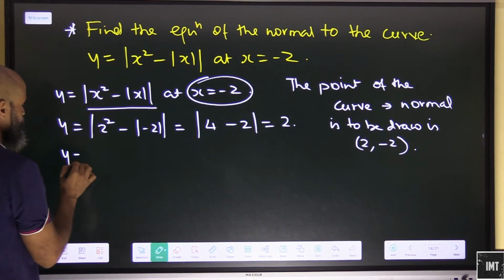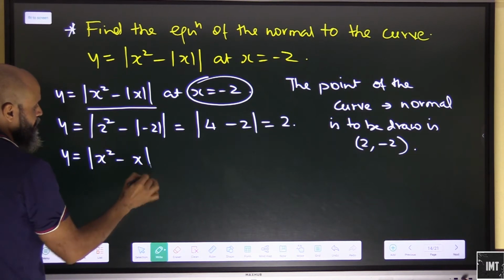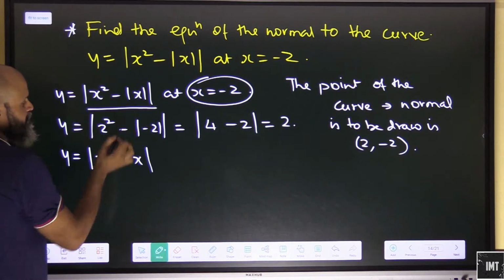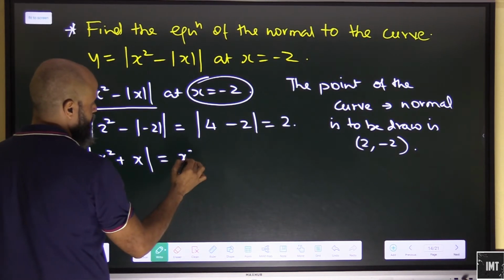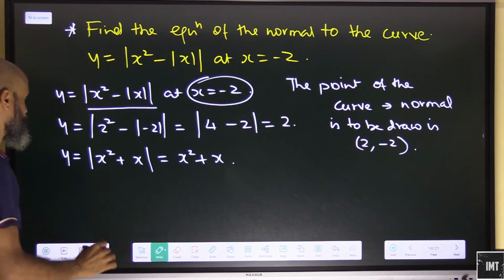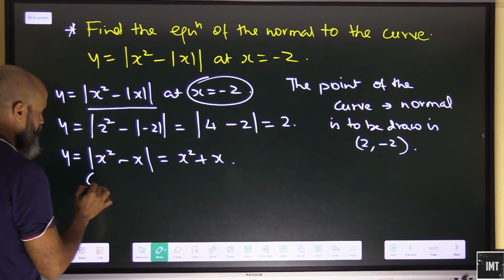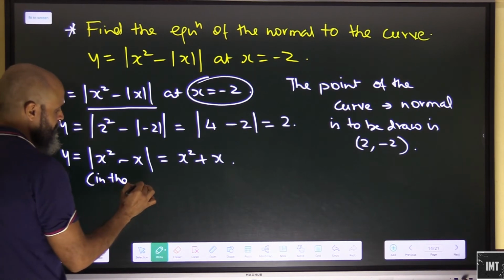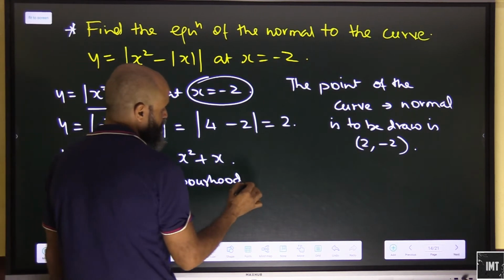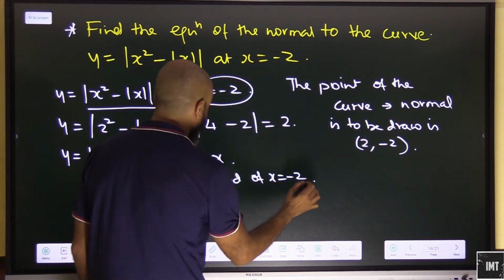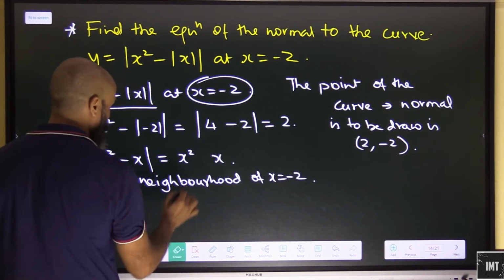So in that case we can say that y can be written as x square minus x, or rather x square plus x, sorry, minus, around x is equal to minus 2. So if I happen to do a mod here, this will be this.